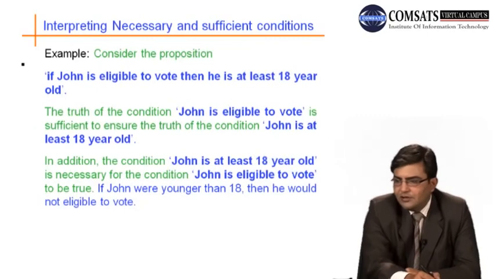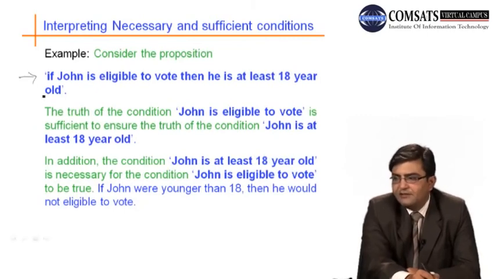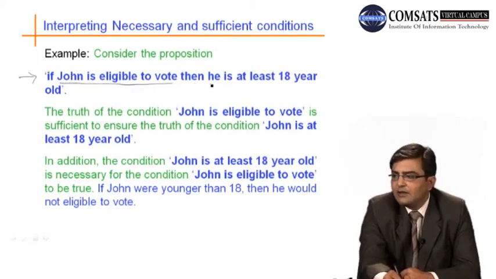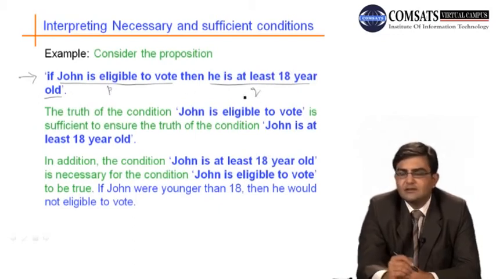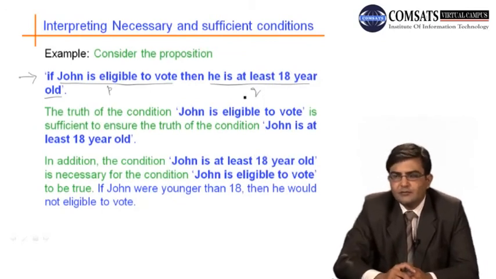Consider the conditional proposition: if John is eligible to vote, then he is at least 18 years old. If we take P as John is eligible to vote, and Q as he is at least 18 years old, then P is the hypothesis and Q is the conclusion.